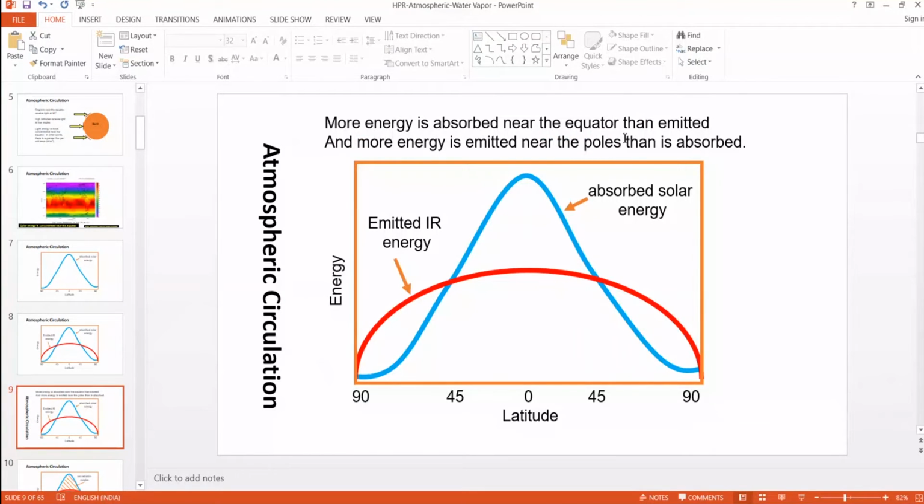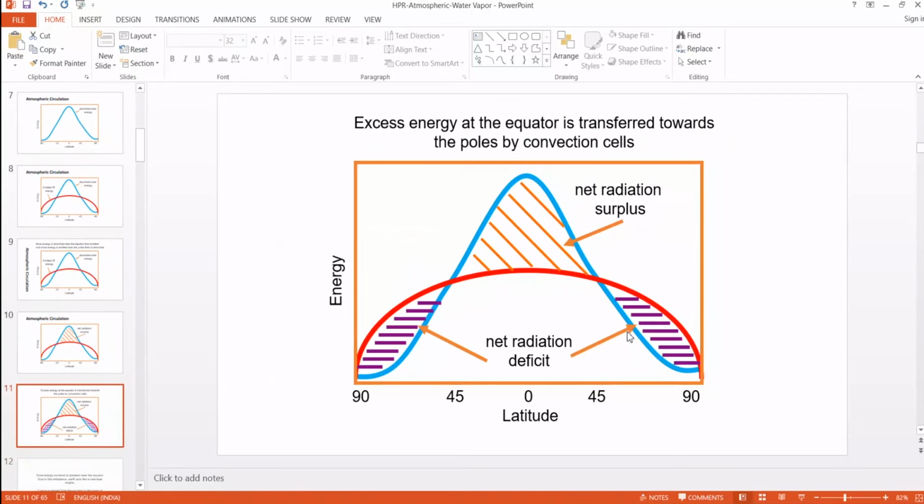More energy is absorbed near the equator than emitted, so there is a surplus of energy here, and there is a shortage of energy at the poles. So you can see that there is a surplus radiation at the equator and a radiation deficit at the poles.